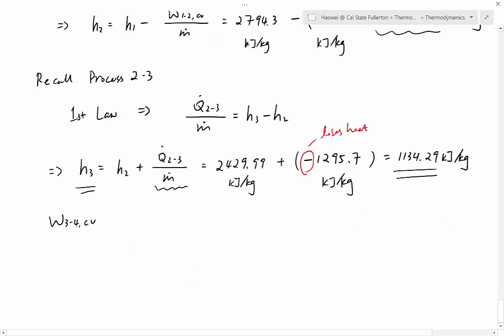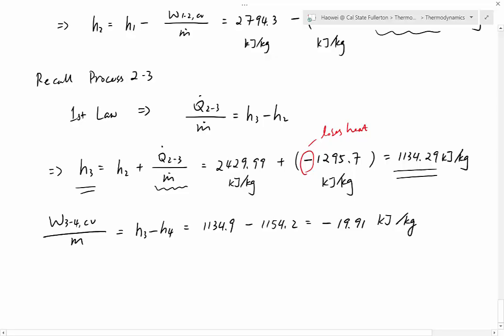W 3 to 4 control volume work over mass is equal to H3 minus H4. And we just found H3, that's 1134.29 minus H4, which we found earlier, 1154.2. Solution is negative 19.91. Unit is kilojoule per kilogram.